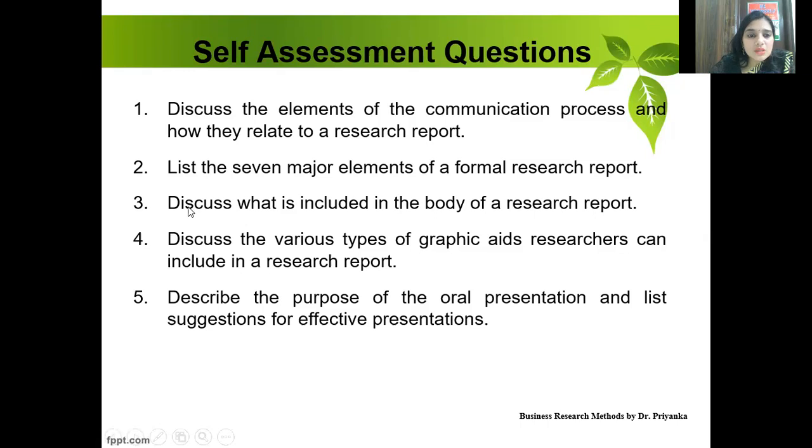And third question is, discuss what is included in the body of a research report. What are the things included in the body of a research report? First of all, you will be mentioning the introduction related to the topic. Then second would be your review of literature.